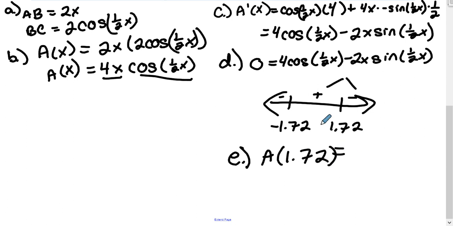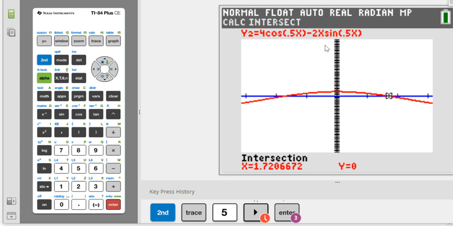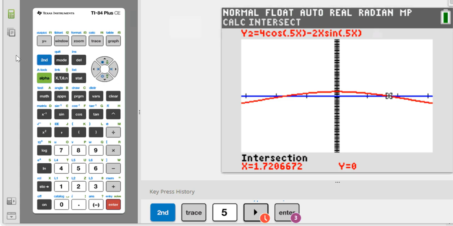So now I can calculate my area. So when I type that in, 4.49, and again, I can use my calculator, and they're telling us to use our calculator for this. If I go back to my calculator, I can put my original function back into my area.